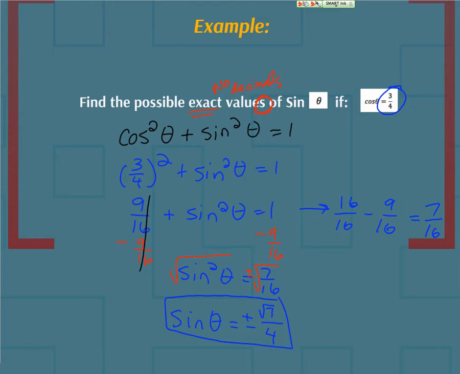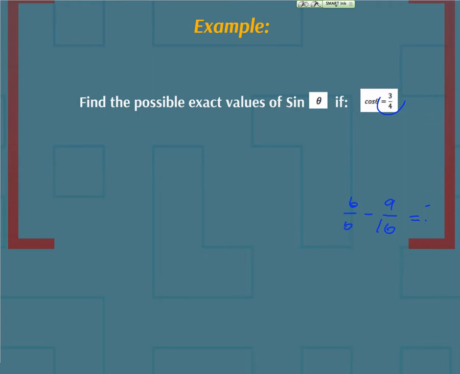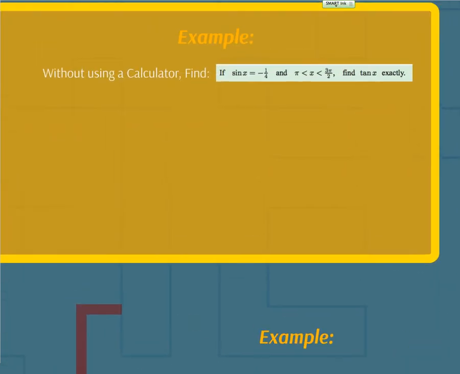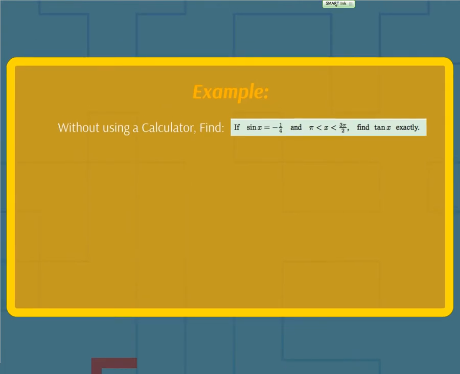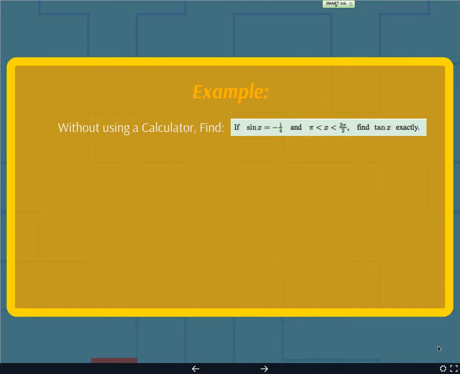So on this one, we don't know if it's positive or negative, but sometimes we do have problems that give us some more information, and then we can determine if it's positive or negative, which we will see in our next example. So this one says, I'm going to zoom it in. It does say without using a calculator, find.